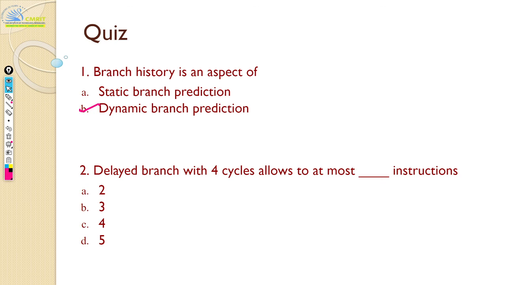A delayed branch with 4 cycles allows at most these many instructions to be inserted. Wow, there's something missing there. How many instructions does it allow to be inserted?